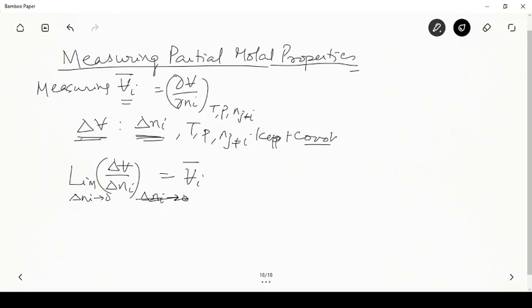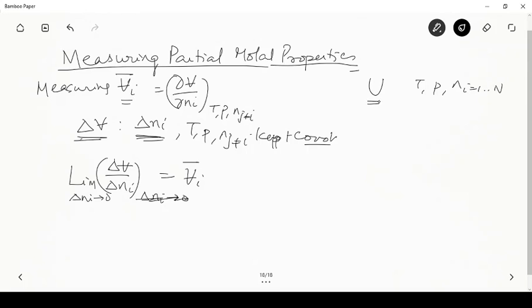So this is one method of measuring, and now that we know that volume can be easily measured, this can be visualized. In the same fashion, we have methods using calorimetry to deduce the values of, let's say, the internal energy, and from that we can calculate the other properties. The internal energy can also be measured in the same fashion by measuring the value of U at given temperature, pressure, and Ni, i equal to 1 to n.